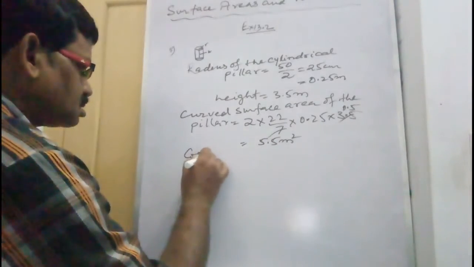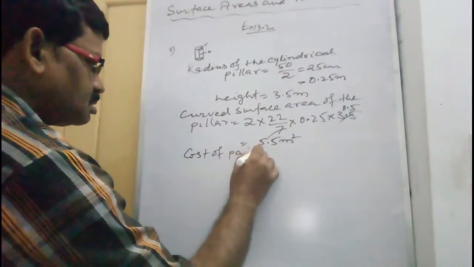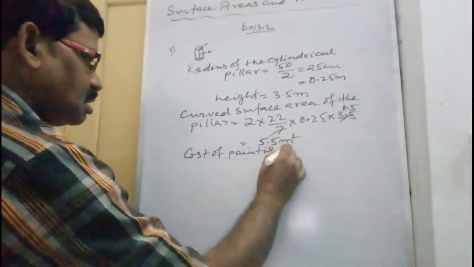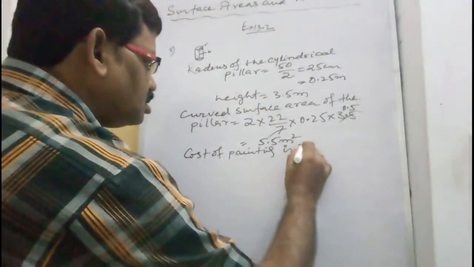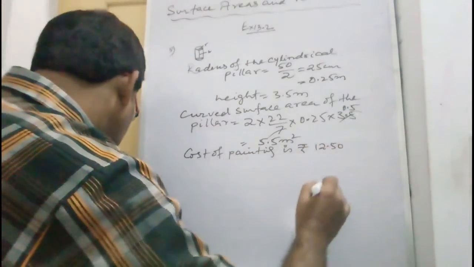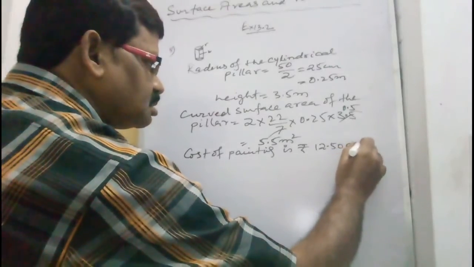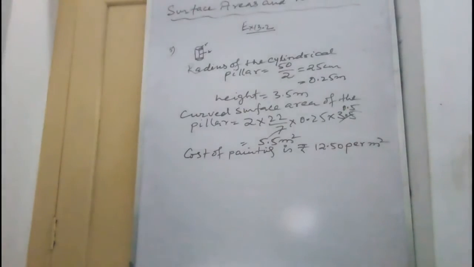The cost of painting is rupees 12.50 per meter square, that is given.